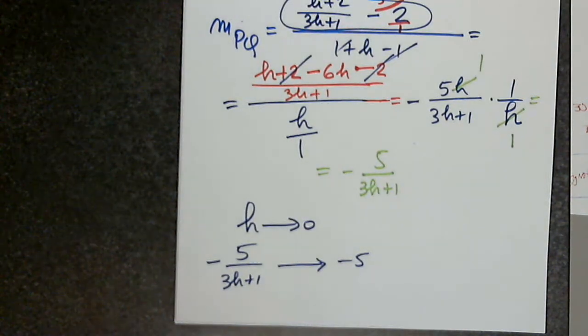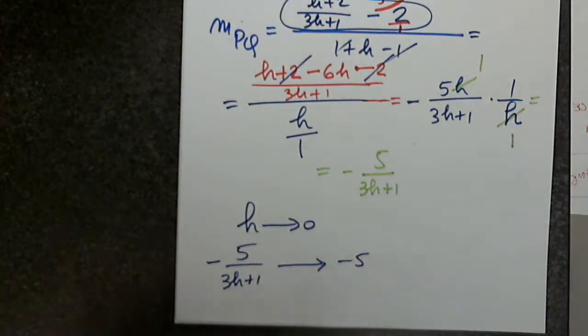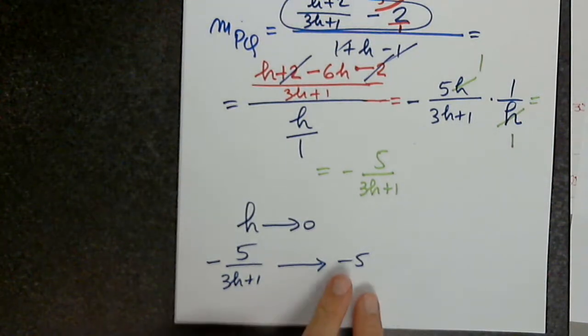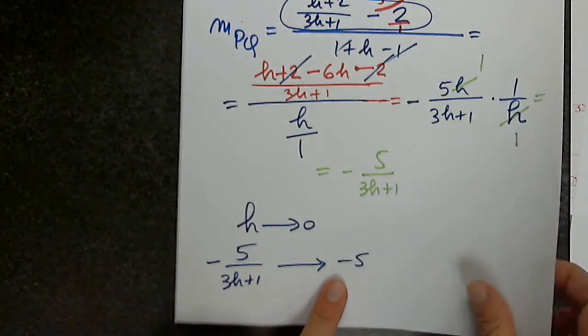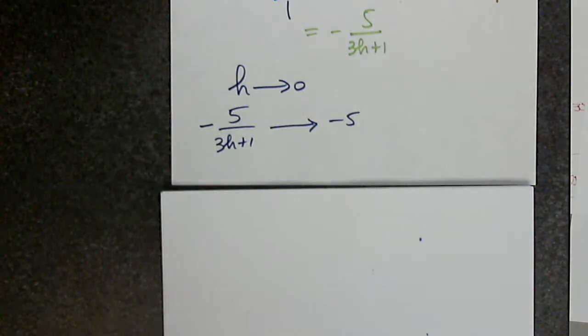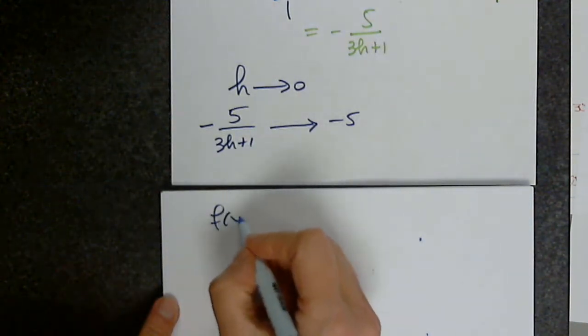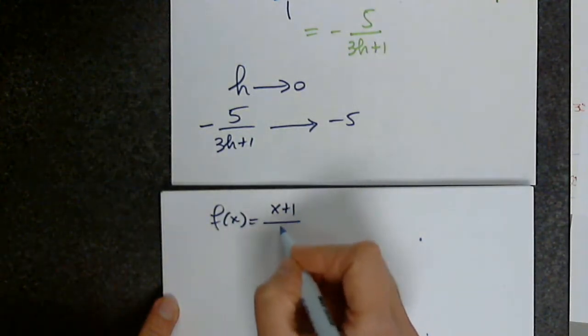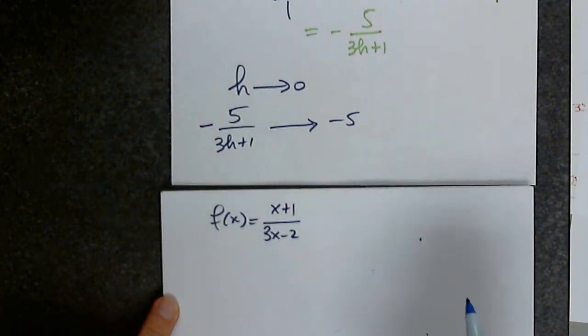Better? Perfect. Okay, so now this was the slope of the tangent line at Q. Now I want the other point, and then we can move on. So now I want the same function, which is x plus 1 divided by 3x minus 2.